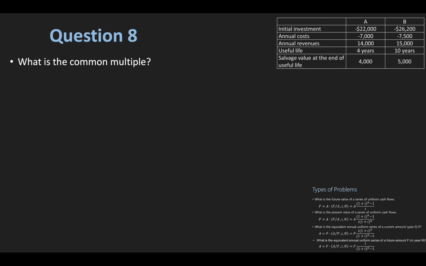So for this one, if we do want to do that, we first need to find the common multiple, because only if we find the common multiple can the two projects end at the same time, right? So for 4 and 10, the common multiple is 20. That means we're going to repeat project A 5 times and project B 2 times, and then they both end at year 20.